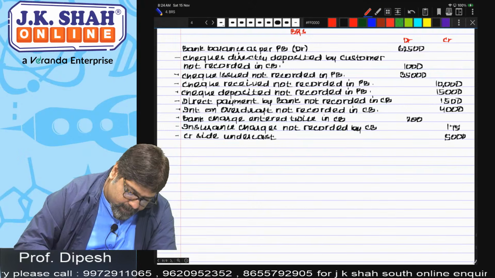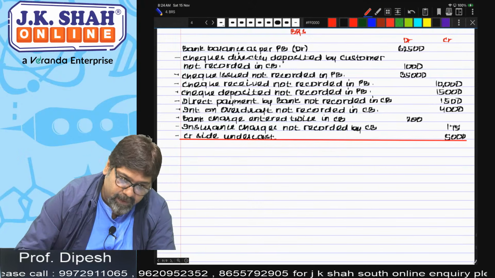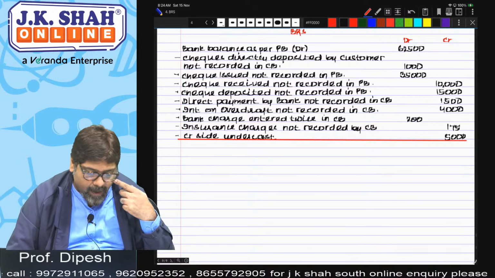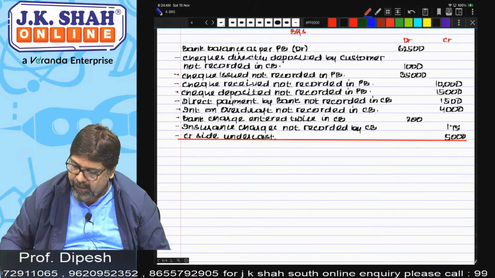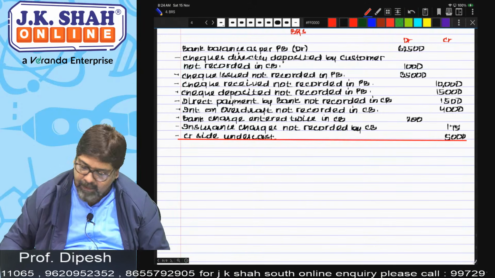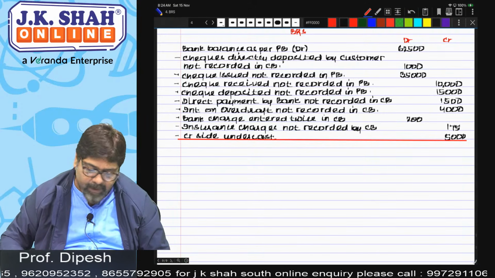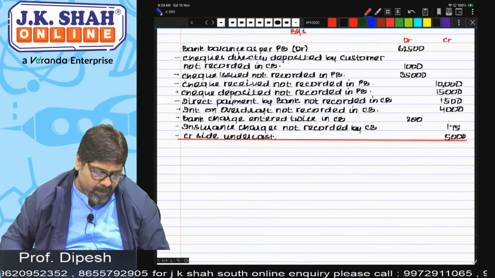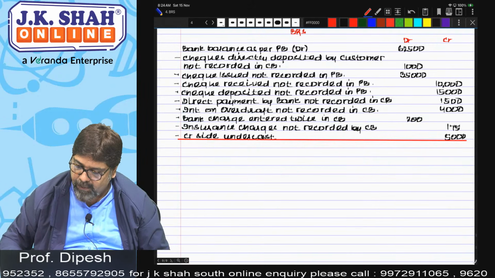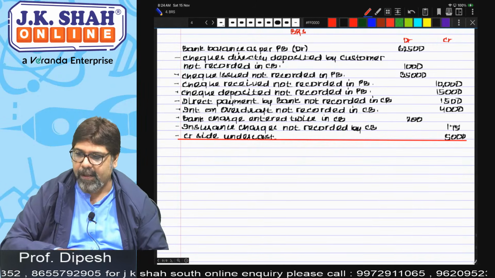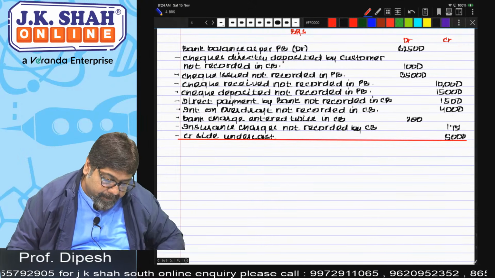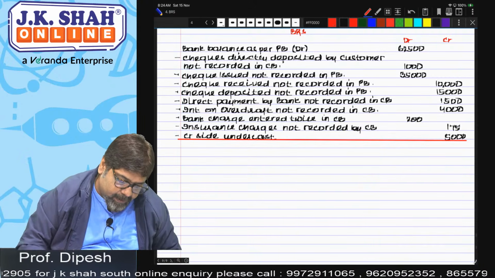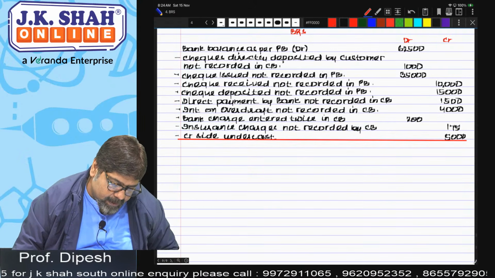My wonderful chartered accountant, can you quickly give me the total of the debit side? 62,500 plus 1,000 plus 35,000 plus 200. Tell me the total of the debit side. 92,90.